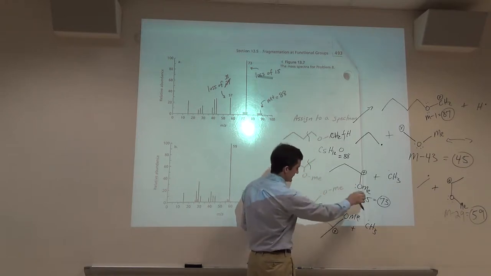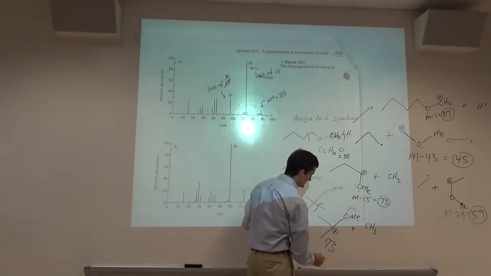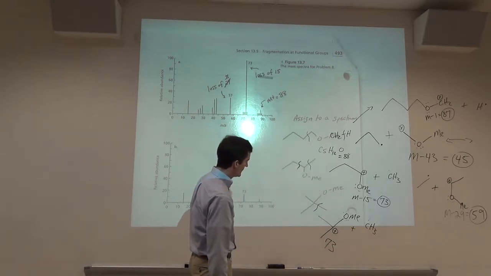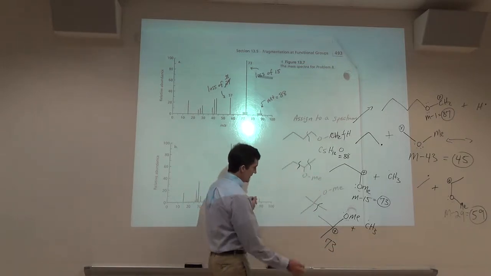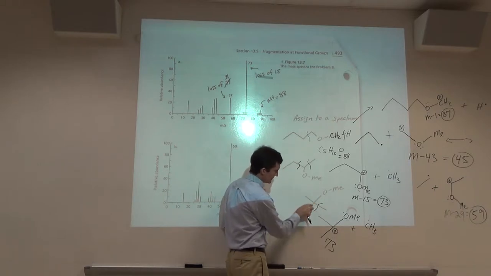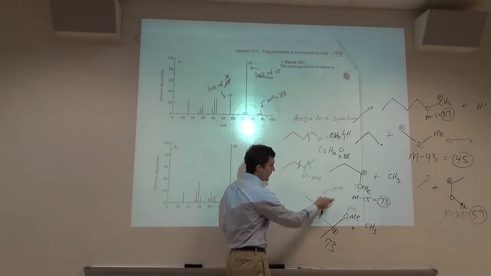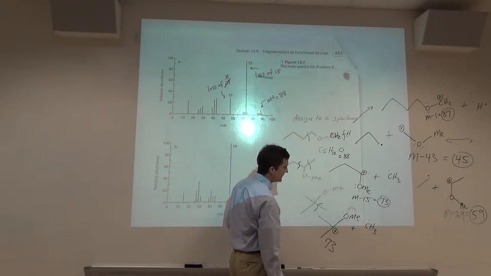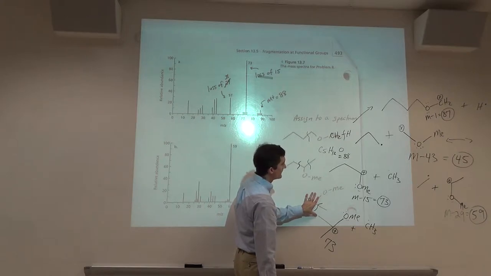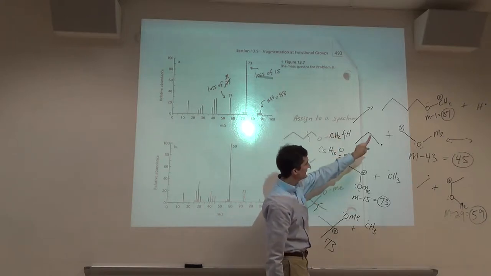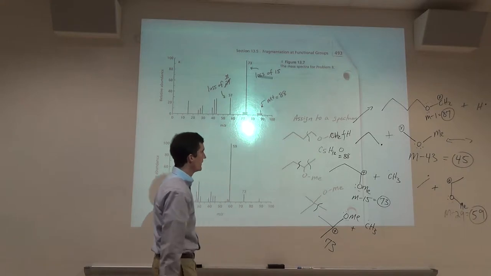M minus 15 is 73. Cleave methyl is all 73. Or we can cleave H. But I don't see a 59 here. And up there was totally different. That was 87 and 45.